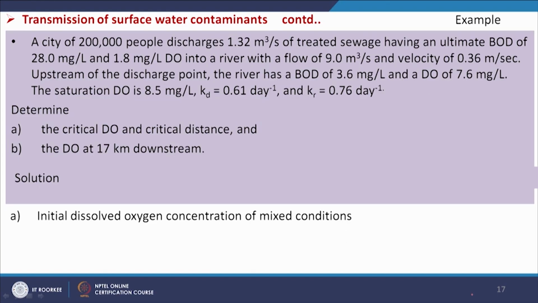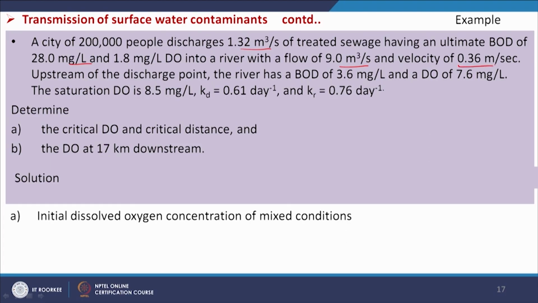Now, one numerical problem we have: a city of 2 lakh people discharges 1.32 meter cube per second of treated sewage having an ultimate BOD of 28 mg per liter and 1.8 mg per liter DO into a river with a flow of 9 meter cube per second and velocity of 0.36 meter per second.